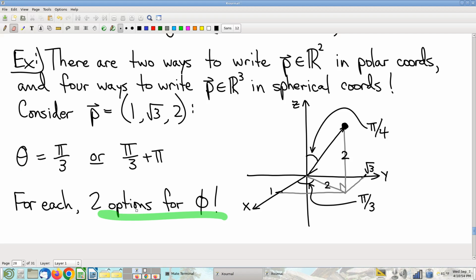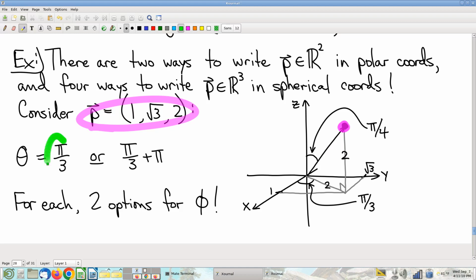Pretty much. So let's think that through. Here's a point. I'm going to leave the details for y'all. It's a good exercise to think through those details, the trig and such. But with that point there, you can think of theta as being pi over 3.